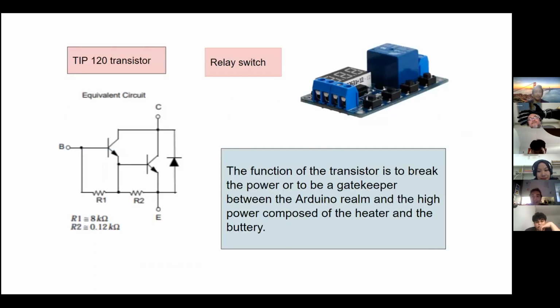Okay. A relay is mechanical, but the transistor is analog, so the transistor can have more than two values. A relay only has two values, which is on and off. But the transistor can go to the high ranges, like what I've said, from 0 to high ranges. Yeah, thank you.